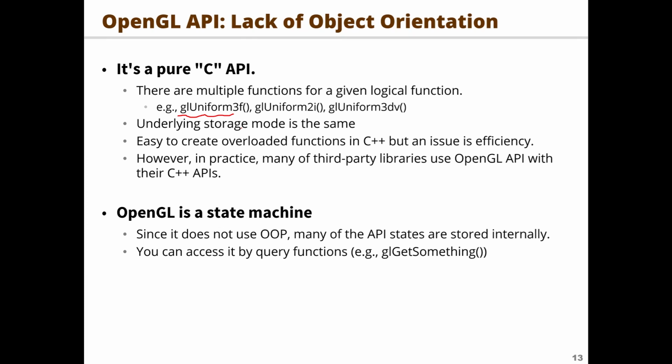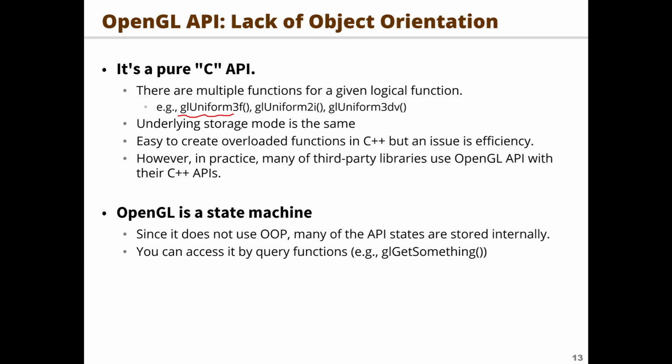Uniform is a global read-only variable visible to all of the pixels in your shader. So for the moment, you don't have to understand what glUniform means. Just suppose that glUniform exists. So its arguments should have different numbers and also different types.